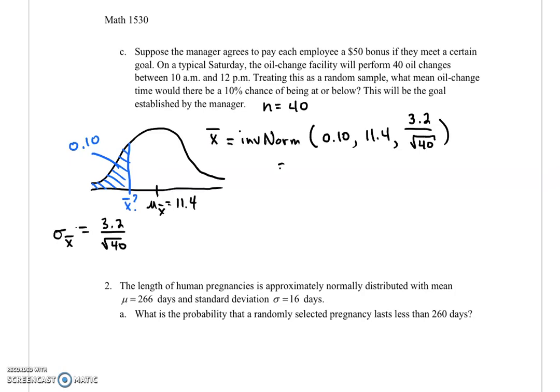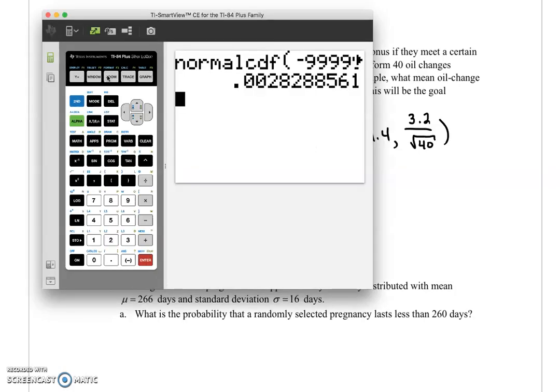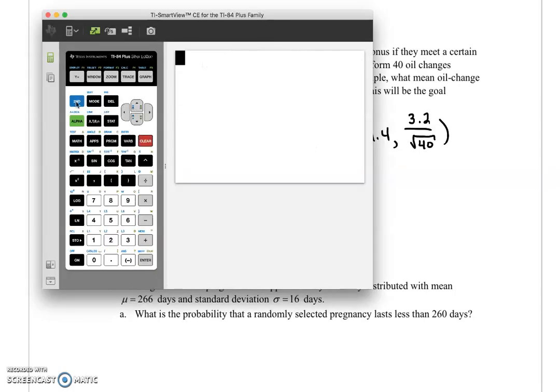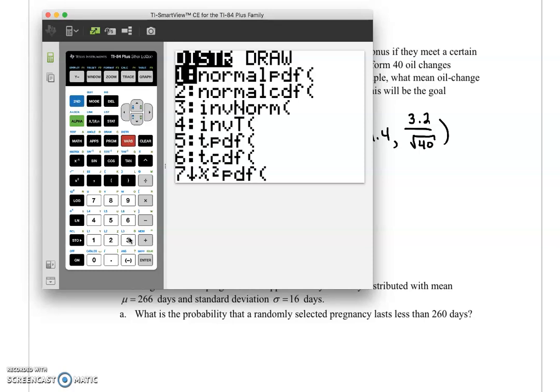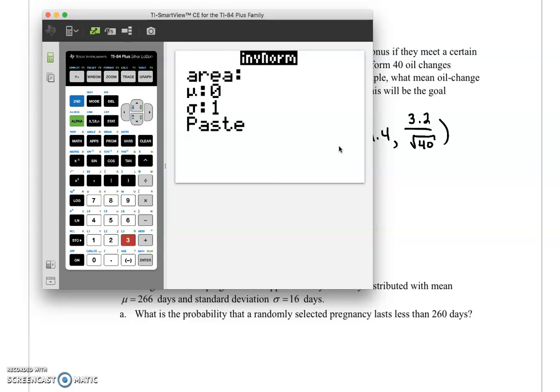So we pull up our calculator again. We go second vers number 3. For area, we put in 0.10. The mean is 11.4.